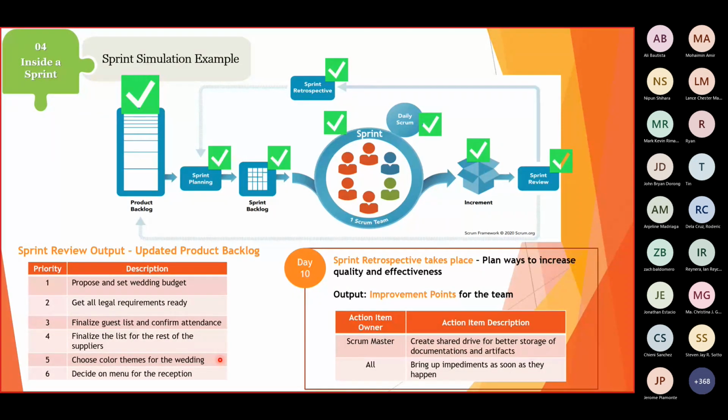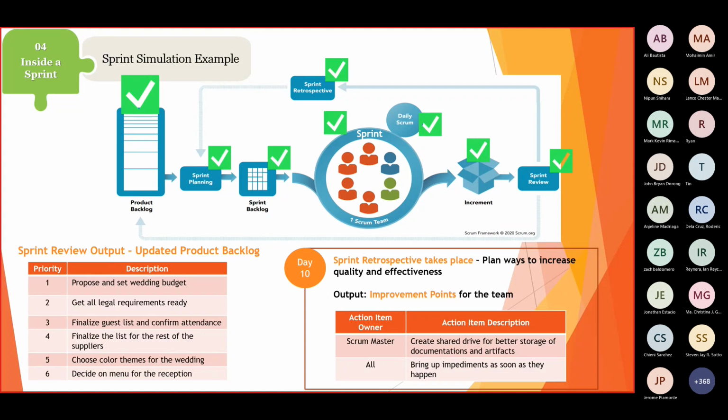They were not able to pick the color for the theme of the wedding. And then they were able to find a venue with the catering, but they don't have the menu yet. So this just goes to show how your product backlog is adaptive and dynamic, depending on the results of the sprint review or the inspection.